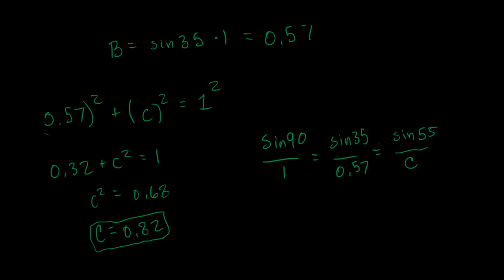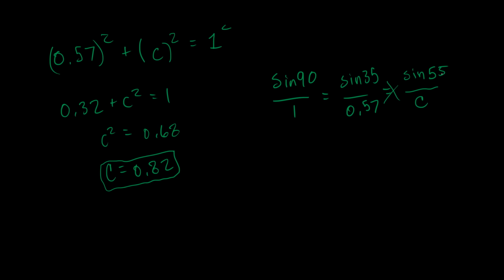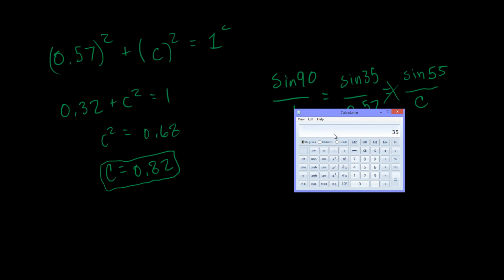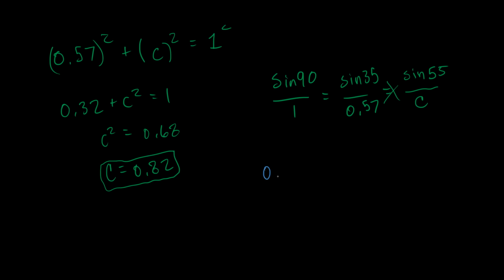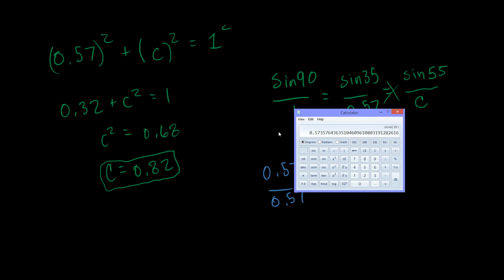Now, let's cross multiply here. And what do we get? Well, sine of 35, once again, is 0.57. So 0.57 over 0.57 is equal to, what's sine of 55?